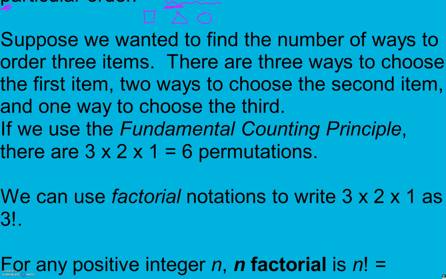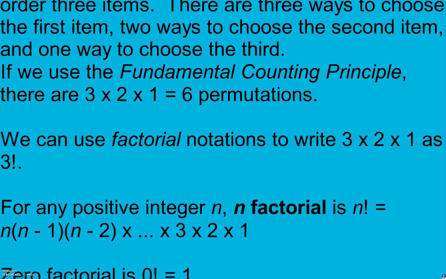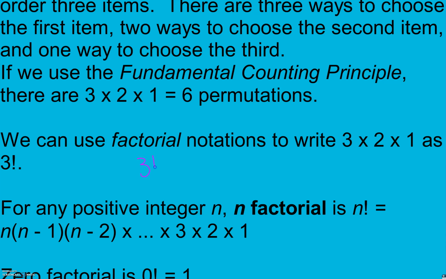We can use factorial notation to write 3 times 2 times 1. And factorial notation is 3 with an exclamation, and we just say 3 factorial. Okay, n factorial, and I have this up on my wall at the edge of my bulletin board by my i squared equals -1 factorial.